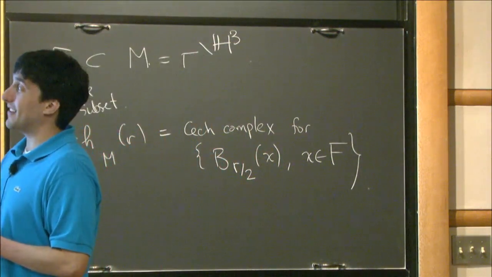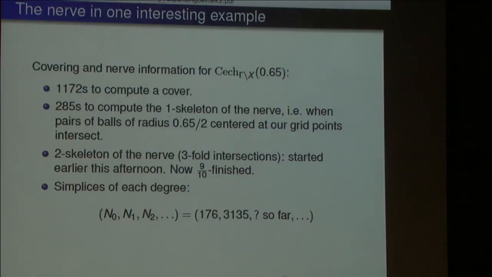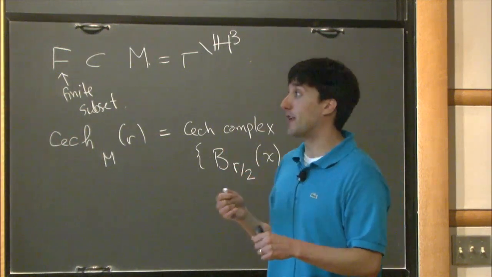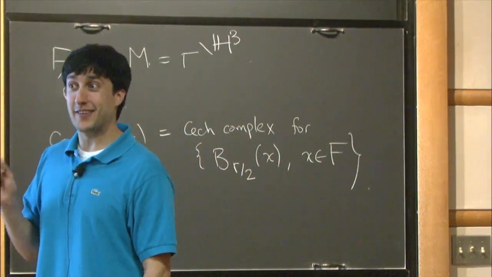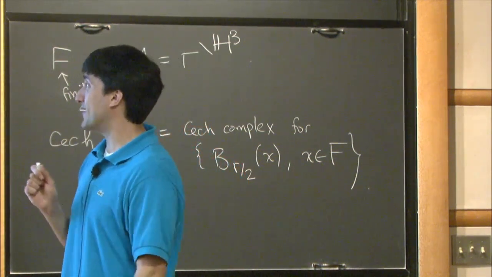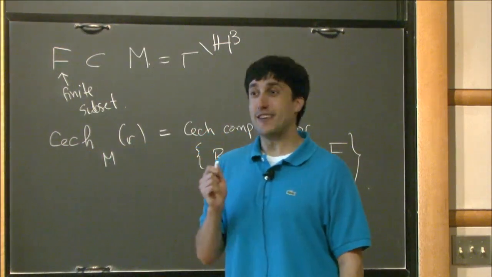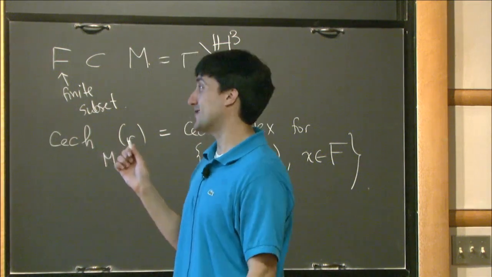I wanted to produce an example for this talk, so I decided this afternoon to start running a computation of the two-skeleton of the nerve, or in other words, when triples of these balls have a common intersection point. I started running it earlier this afternoon, and it's still not finished, or it's probably very close to finished now. Aurel is running a computation in Bordeaux as we speak, but it's nighttime in Bordeaux, so I'll probably find the result of this computation tomorrow morning.